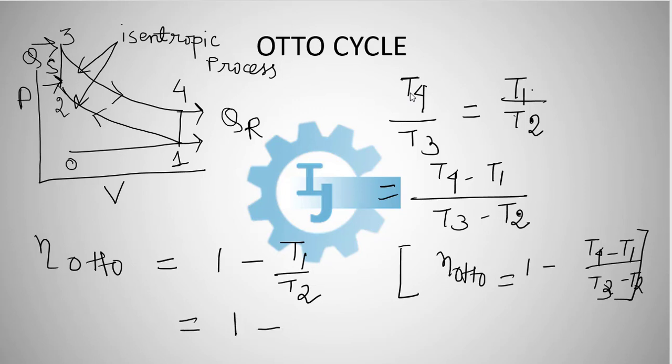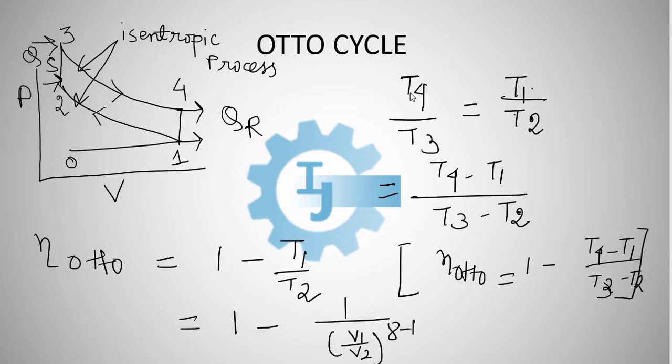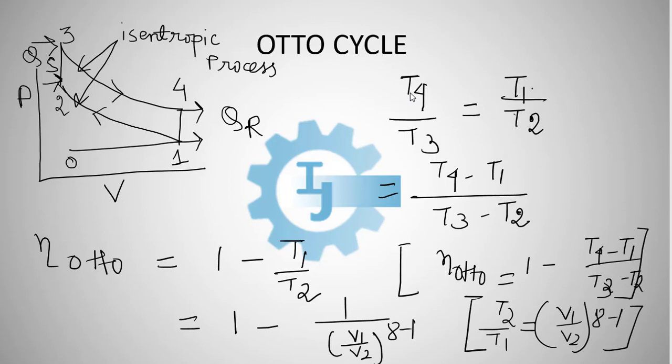Or we can write 1 minus 1 by (V1 by V2) whole to the power gamma minus 1, because we have written previously T2 by T1 equals (V1 by V2) whole to the power gamma minus 1, because the process 1 to 2 is isentropic process. So this is the relation between T and V in case of isentropic process.